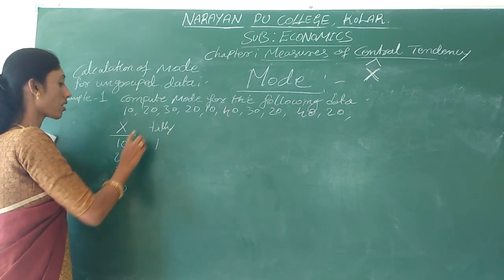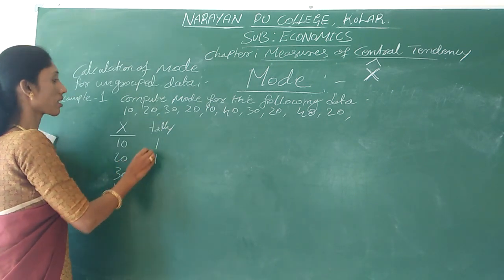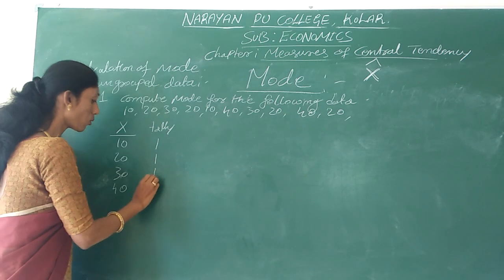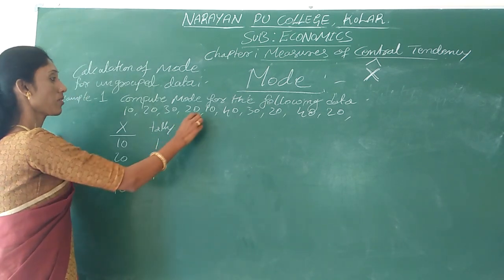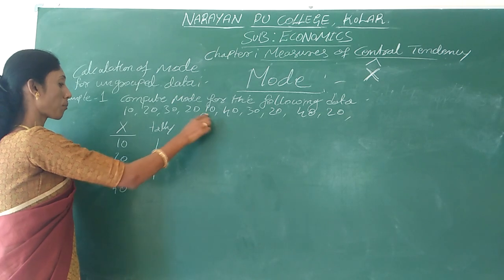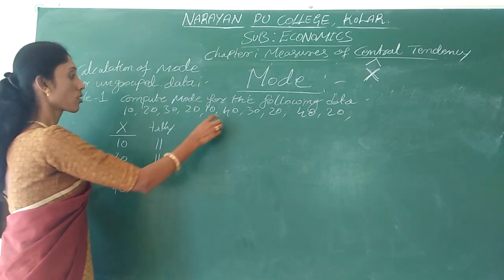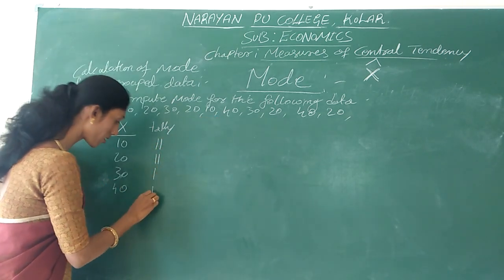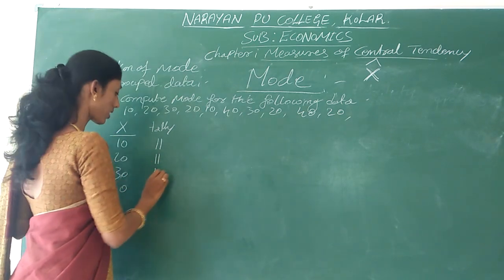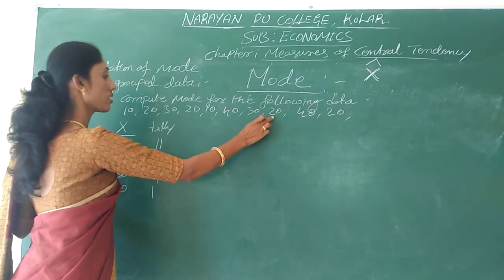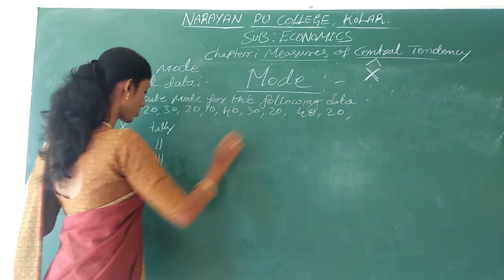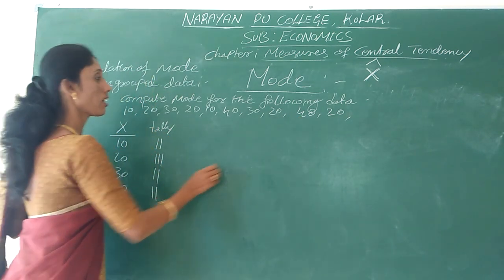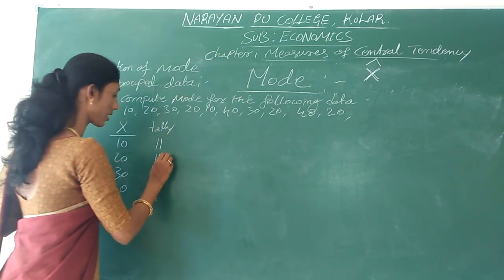Okay, here 20 has appeared, 30 has appeared 1 time. Again 20 has appeared a second time. 10 is going to appear a second time. 40 is going to appear, and 30. Next 20. Next 40 and 20.